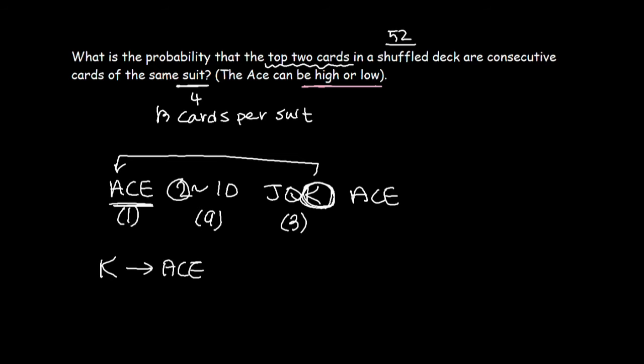So that's basically what the question is telling you in the parentheses. So don't get confused by it. That's just what it means. Kind of basic thinking that you should already have there. So always remember that when you say an ace can be high or low, they're just telling you that ace can be next to the number 2, or ace can come after king, because you start over the whole consecutive set of numbers by going back to ace.